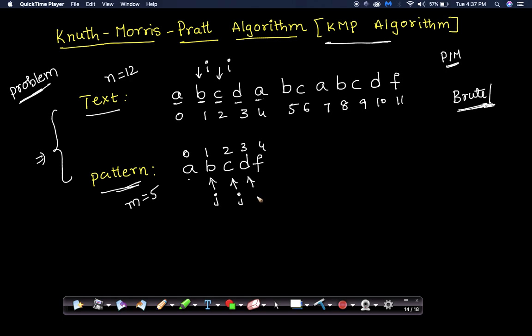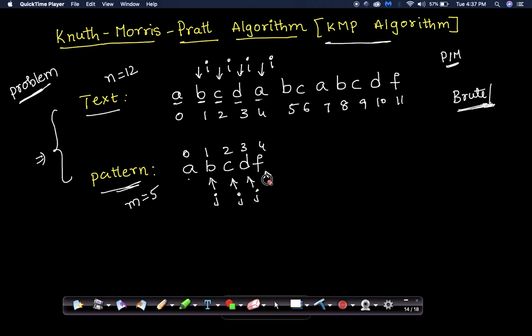Then I compare D and D, yes it's matched, and increment both I and J. In this case there is a mismatch, that is A and F.